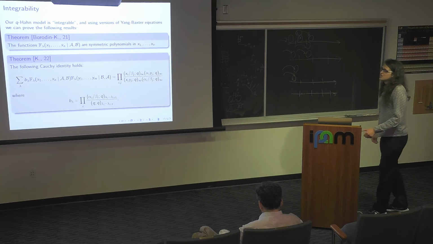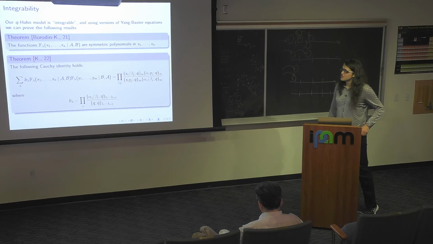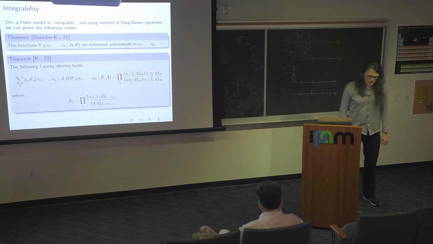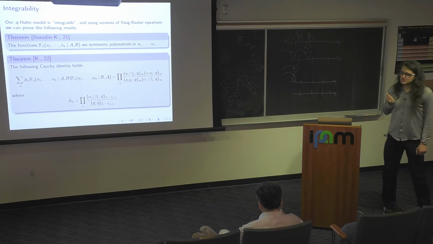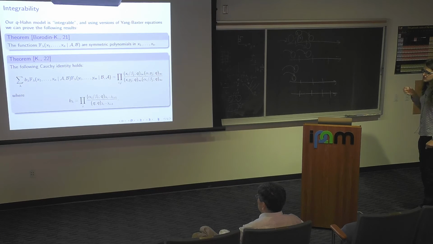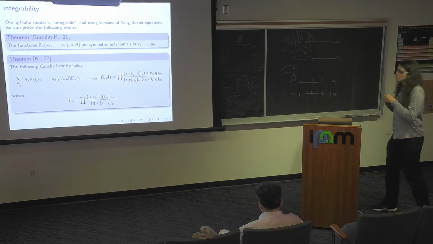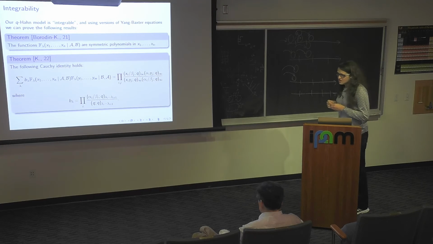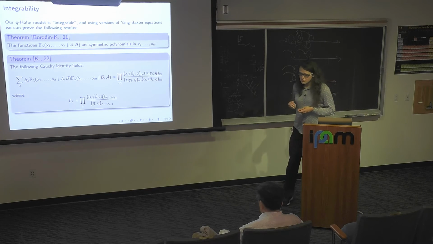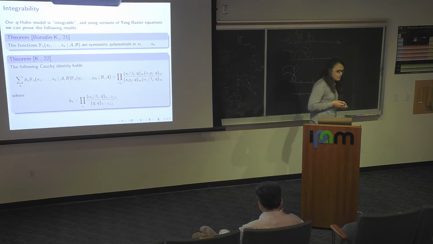Again, I will not talk about it right now. I will talk a little bit about it at the end of my talk. But using this integrability and Yang-Baxter equations, we can do a certain argument which exchanges rows, and it will show that these resulting partition functions will turn out to be symmetric in these variables x.